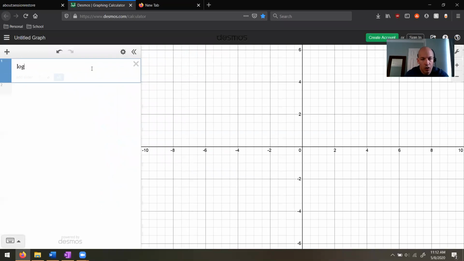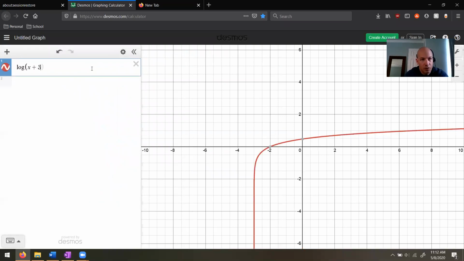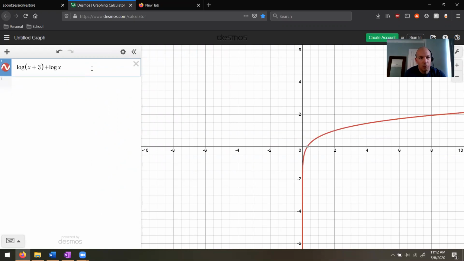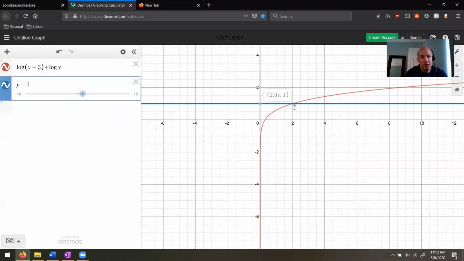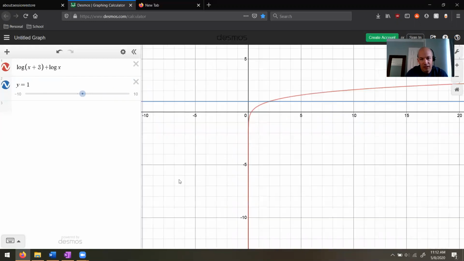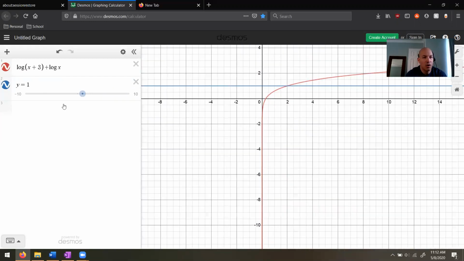So if we go log of x plus 3, and then we say plus log of x, and we want to see when is that actually equal to 1, remember, you have to write y is equal to 1. We can see we get one solution here, which is at x is equal to 2. Does it make any sense to say we have another solution, like x is equal to -5? I don't really see how that would be possible.